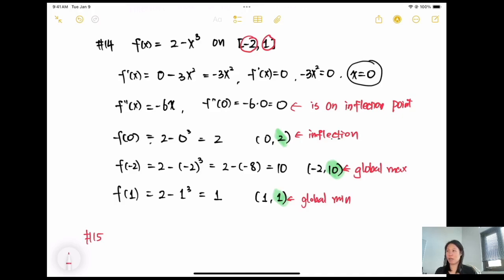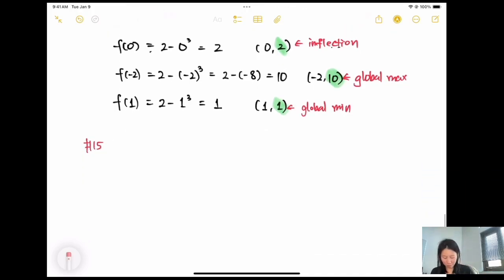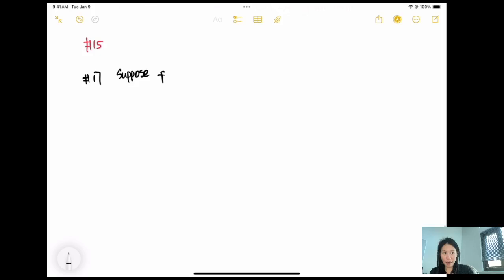Okay, next questions are 17 and 19. So 17 is, suppose we know that f(1) equals 5 and f prime of 1 equals 0. What can we conclude about the point (1, 5)?